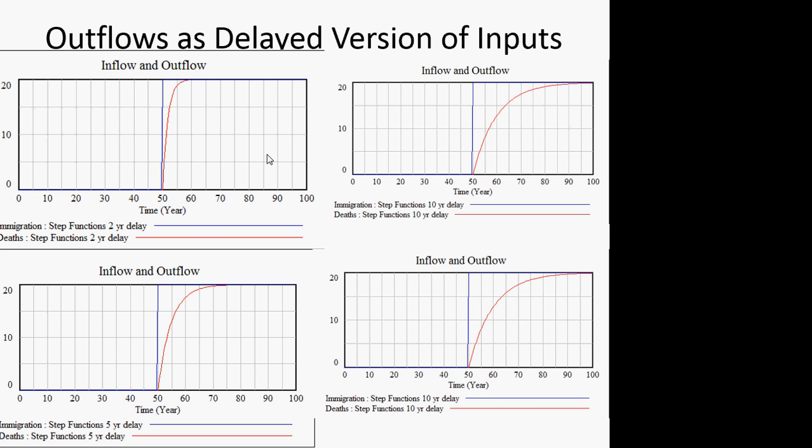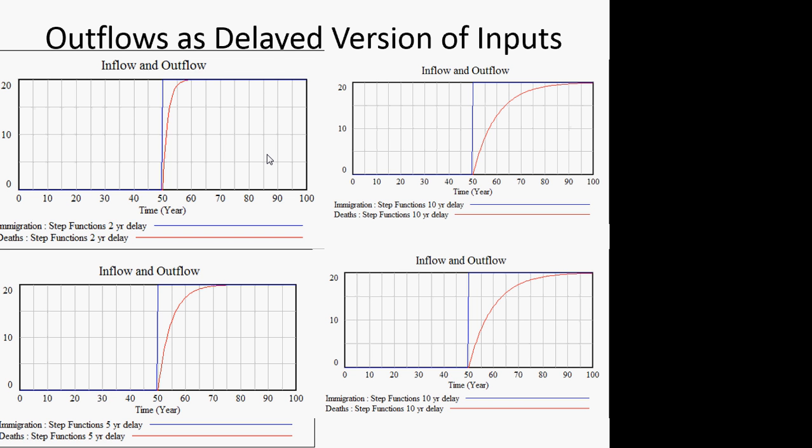Grok. Okay, so we can think, ladies and gentlemen, of the outflows as delayed versions of the inflow. If we have a very small mortality rate, for example, we'll get a long delay before the outflow equals the value of the inflow.